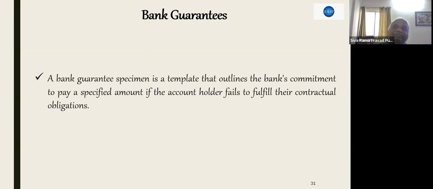The standard elements are the applicant's address, the beneficiary's address, and the banker who signs. The body of the agreement differs, but the amount is whatever they stipulated. Finally, as per the wordings, if the guarantee is invoked, the bank will pay the amount specified in the guarantee.